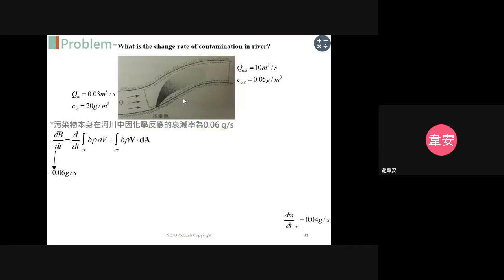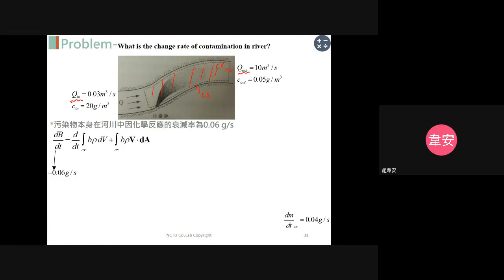Okay, and the next problem is similar. Again, we still have the inflow here, and we have the outflow here. The dashed line is our control surface, and inside the dashed line is our control volume.